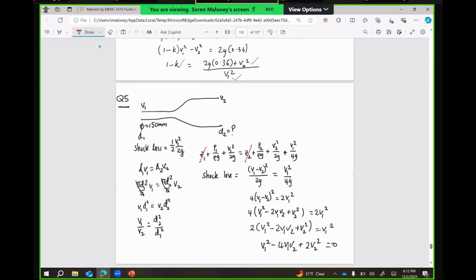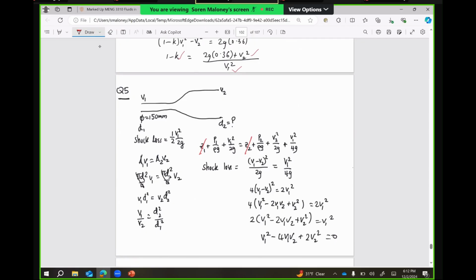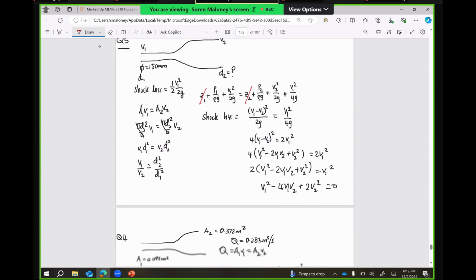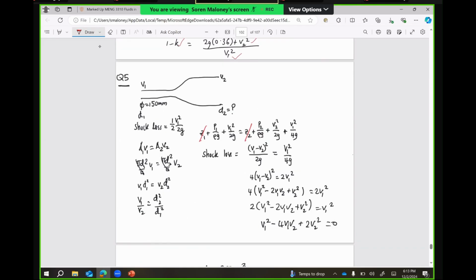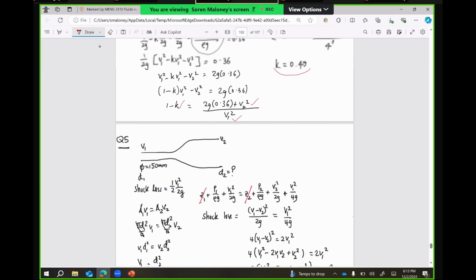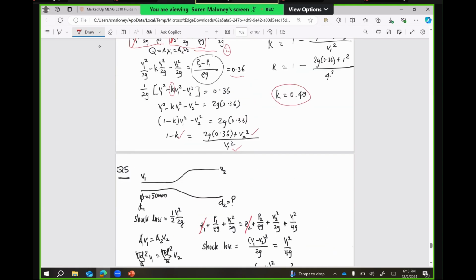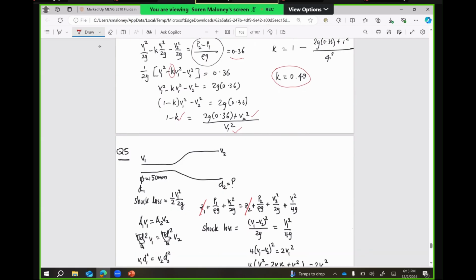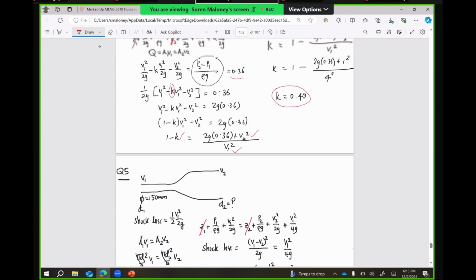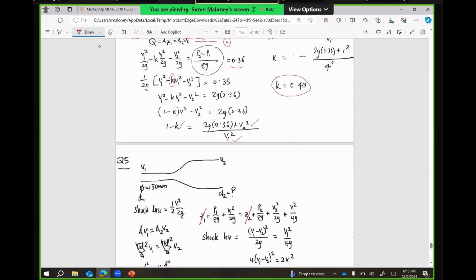Same thing we've done here, right? I think this problem is also asking us to find our value for Q. It's a little different from this one because now we are not taking this as K, but the thing I want you to look at is, you notice K is 0.49, right?